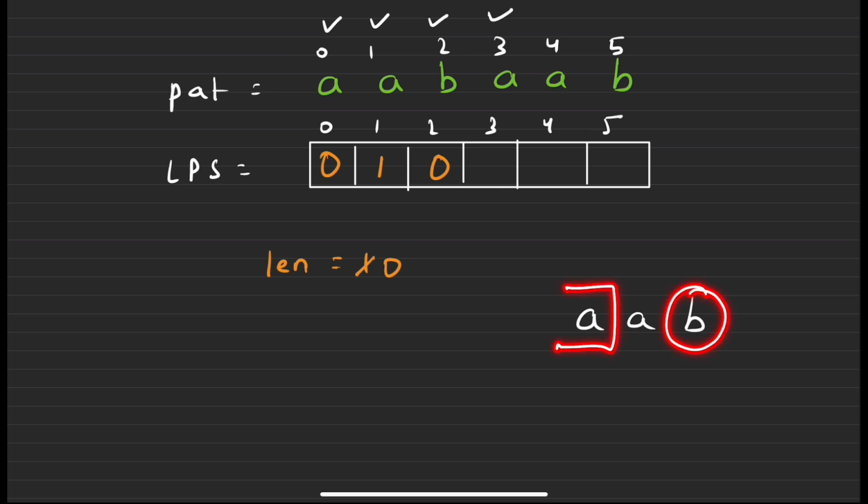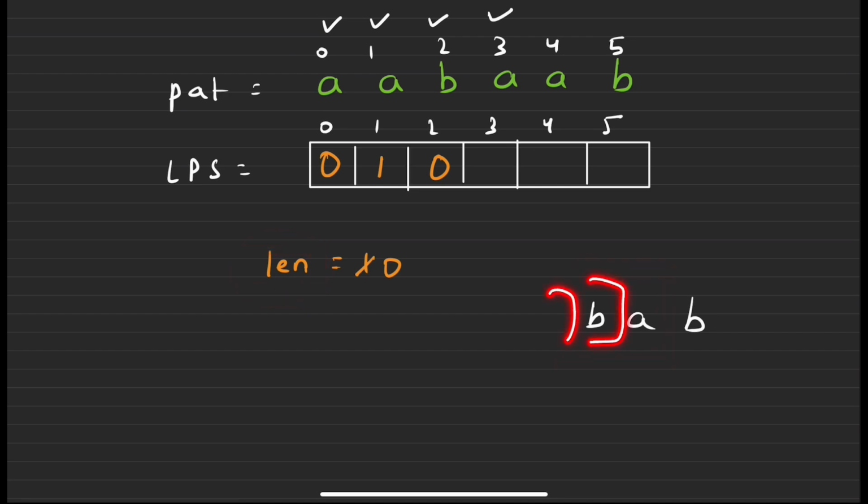No. So we again need to shrink this window, but there's nothing to shrink here, so we simply moved our pointer. But suppose we had B here. Now we try to check this character for this window, right, which is not the longest prefix. So we shrink it. Now for this character, for this window, it is a longest prefix, right? Both are matching, so we can increment the length to 1. Now you understand the significance of this length. We'll start with the maximum window.